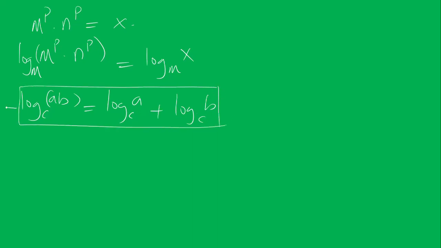So applying this rule here, you now have log m to power p base m plus log n to power p base m is equal to log x base m.